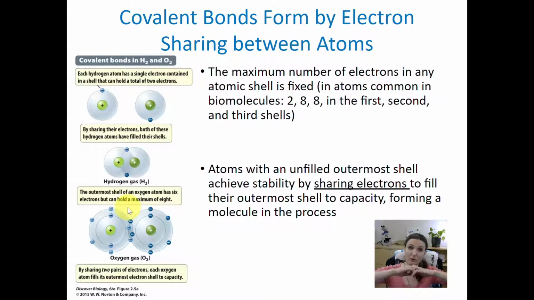That's what creates a chemical bond that holds those 2 atoms together to create a molecule. So atoms will make bonds with other atoms in order to fill up that outermost shell. If an atom has its second or third shell with electrons in it, it will seek to fill up that shell to a total of 8 electrons.